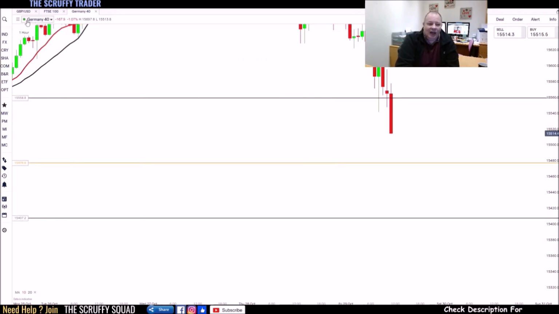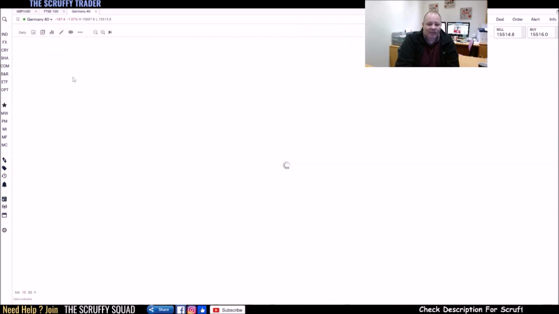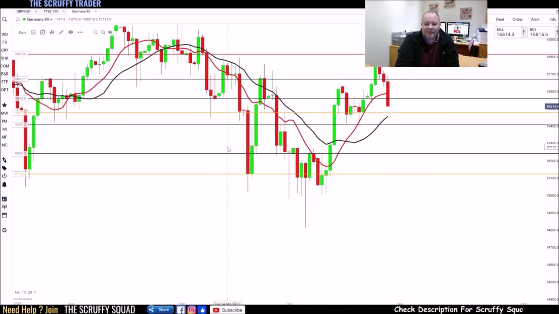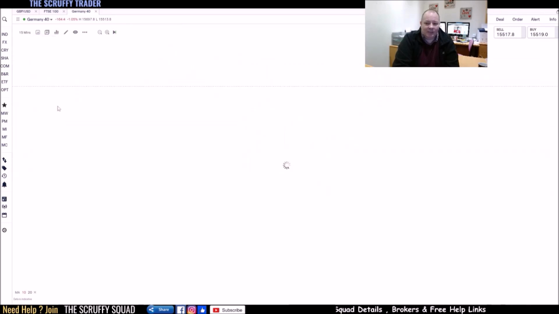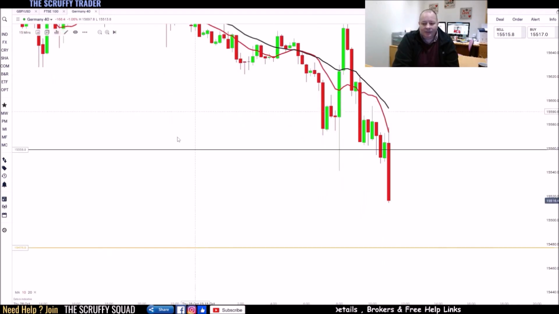As I went higher up the time frame, which was the daily, I said it's going to look for this level. Why? Because it's caught between two moving averages. And this is just a 10 and a 20. And sure enough, it is rattling its way down into it. Very, very simple. You know, and that's trading, guys.